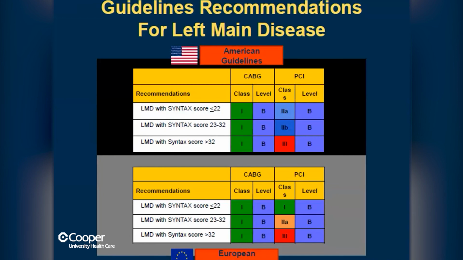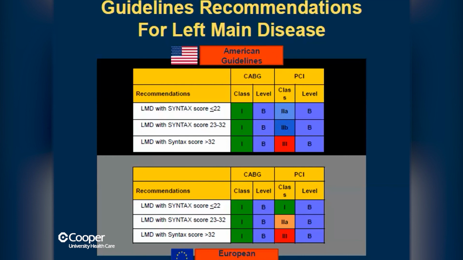So bypass is class 1 in all cohorts of left main disease: lower SYNTAX, medium SYNTAX, high SYNTAX. Surgery is the preferred therapy, class 1. For PCI in the American guideline, low SYNTAX score is 2A, medium 2B, and it's a 3 in the high SYNTAX score.